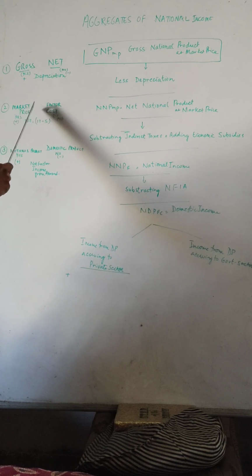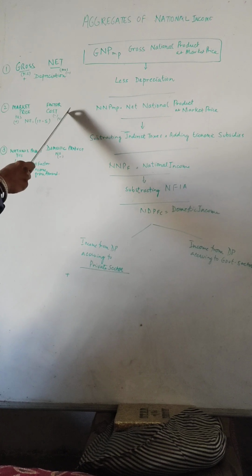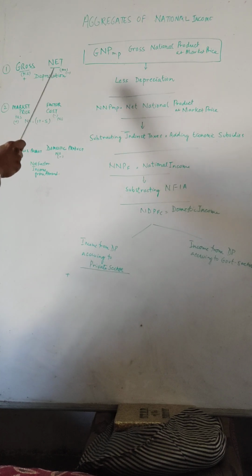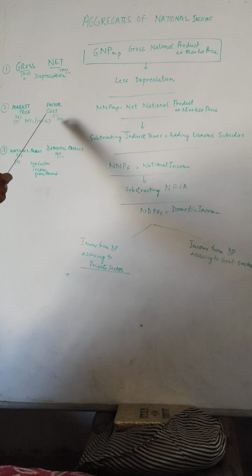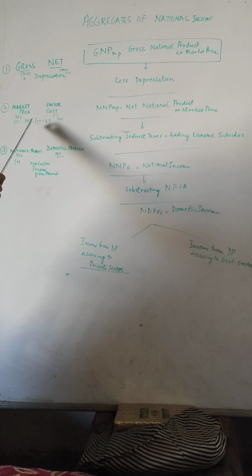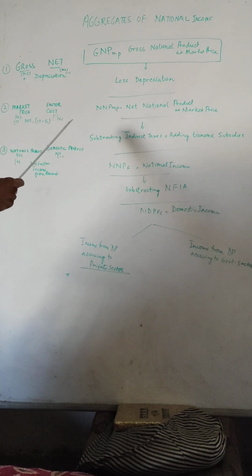Market price is when you take the product which you have produced with the help of the factors of production to the market, and there'll be some indirect taxes which are slapped on it, or some subsidies are given. Now, all this is at national level. So what we do is we subtract the indirect tax and add the subsidies.